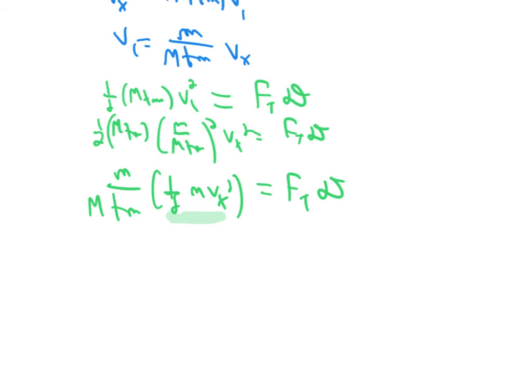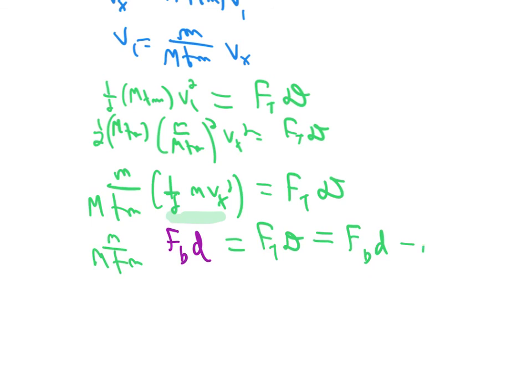We see that this thing is really FB times little d. So I have the mass ratio times that, and that equals FTD, which from the previous equation we had found was FB times little d minus FB times little d sub n.